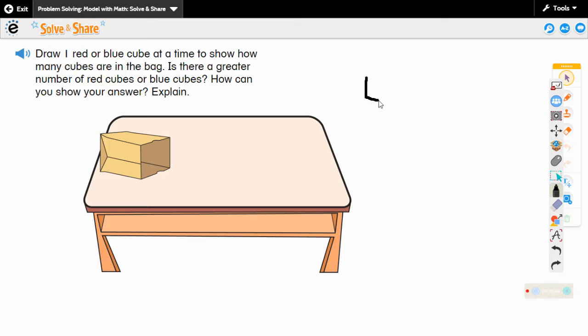A cube is like a square. Okay, I didn't draw my square very good. But a cube has many sides, so it kind of looks like this. It's a square that has squares all around it, kind of like a dice.